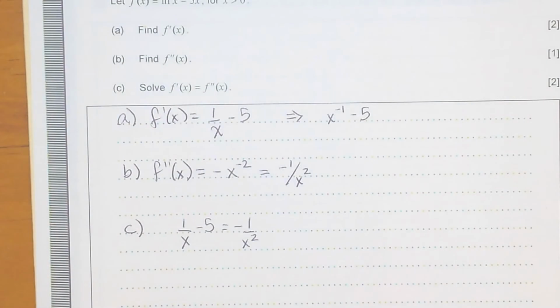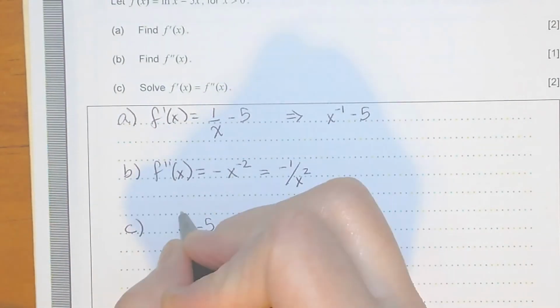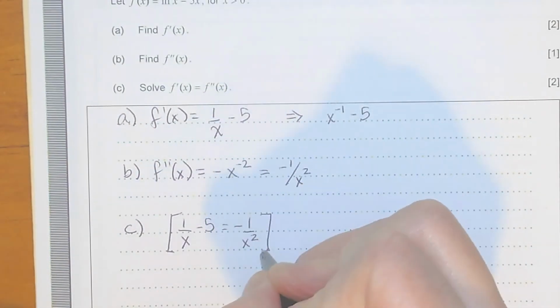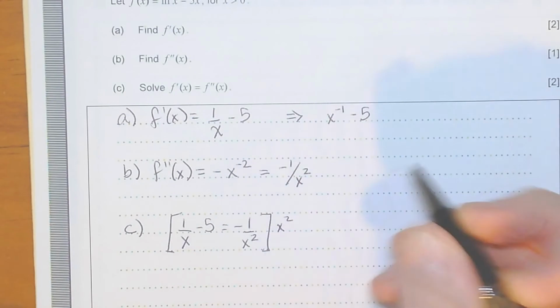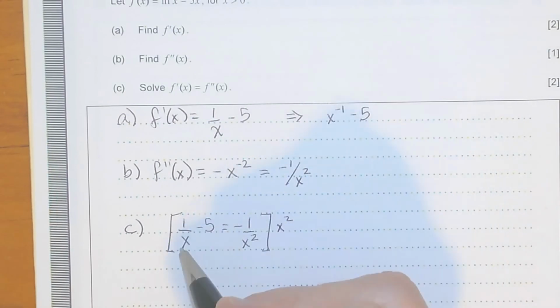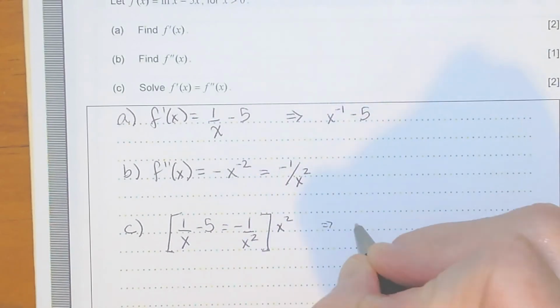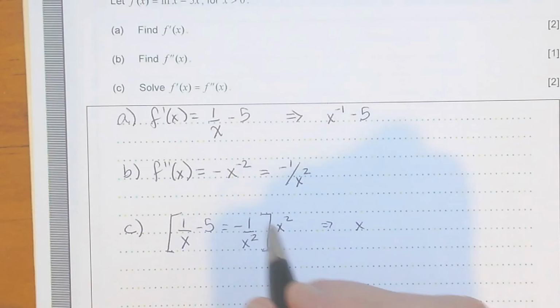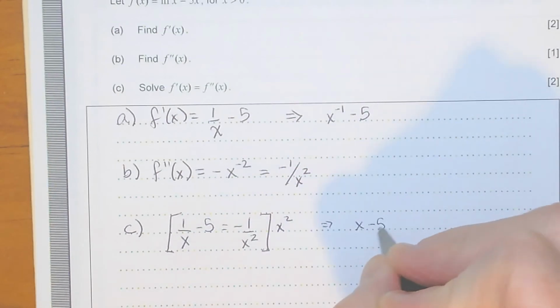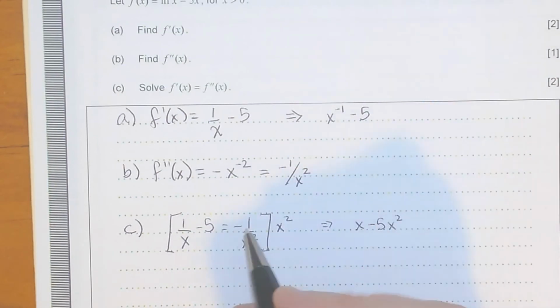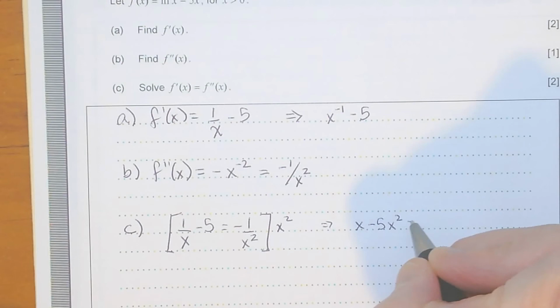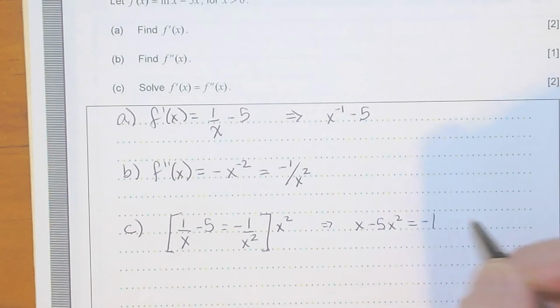I'd like to get rid of my fractions, so I'm going to start by multiplying both sides by x squared. When I multiply by 1 over x, I just get x. Then I'm going to get a minus 5x squared, and finally equal to minus 1.